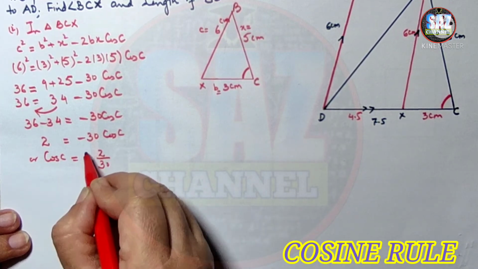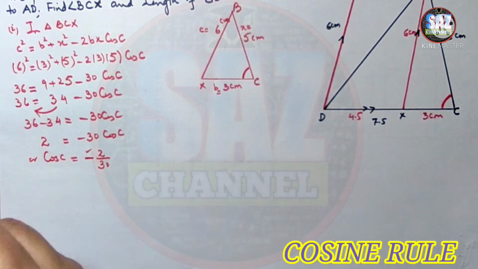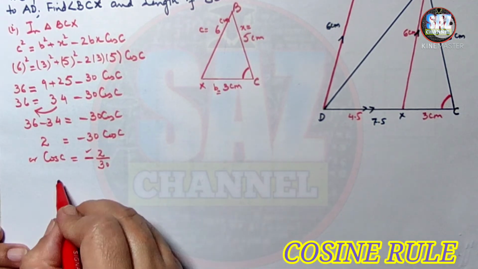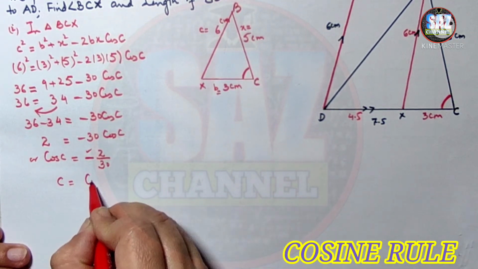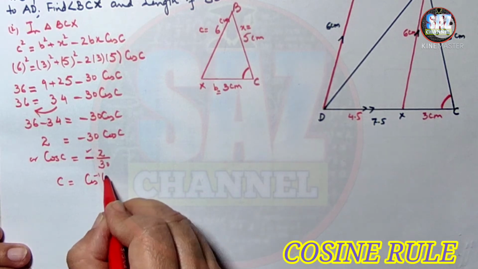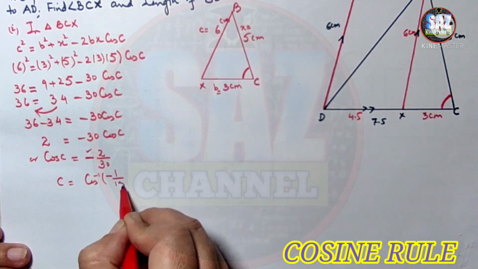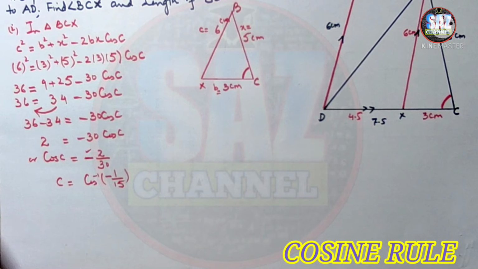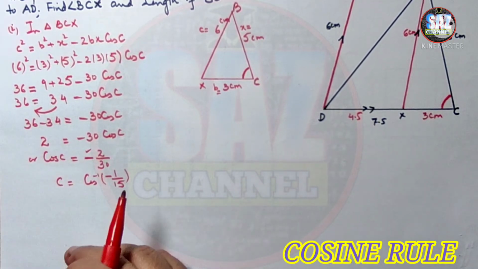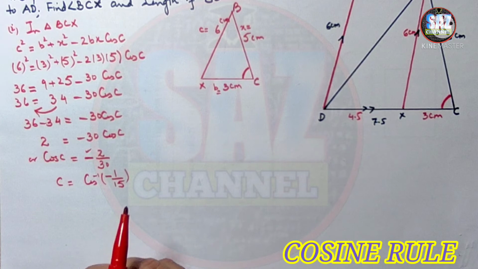And remember and recall that what does minus indicate? C equals cos inverse of minus 2 by 30 or minus 1 by 15. Our calculation has to be the obtuse angle, cos inverse of minus 1 divided by 15, and this gives me 93.8.